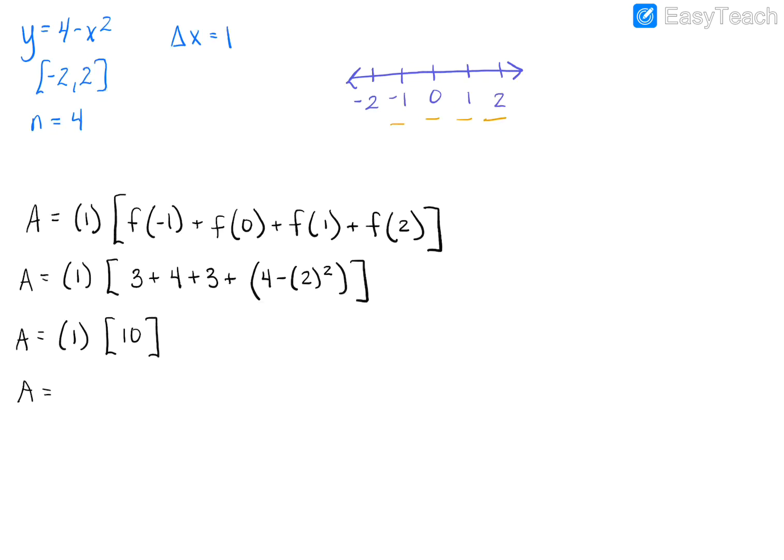So area is equal to 10 for the right endpoints. So actually what happened here is that the approximations were the same for both the left and the right. That's not super common, but it does happen sometimes. What we want to also do is incorporate the midpoint, which is going to be a little bit different. So let's go to another page.